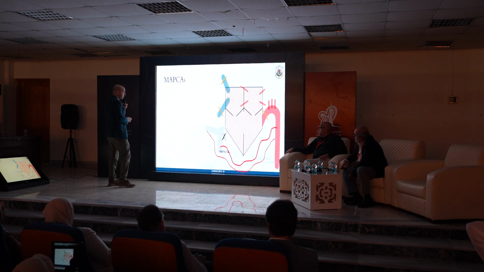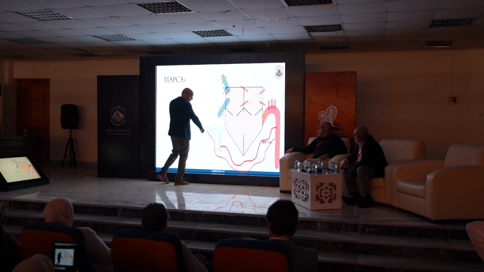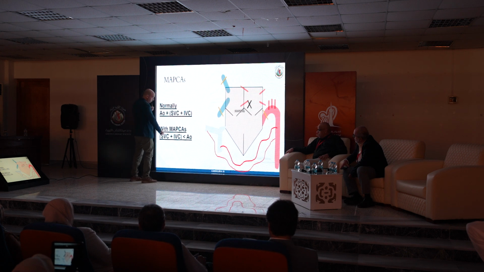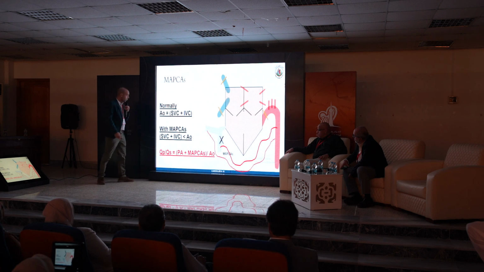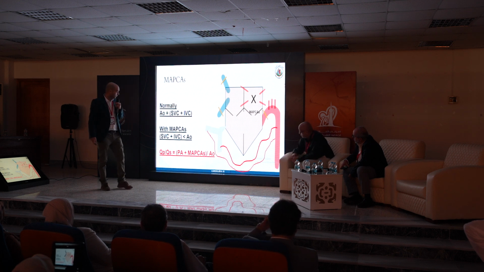In this case, some of this blood will go directly to the pulmonary. So superior vena cava plus inferior vena cava will be less than the aorta. QpQs will be pulmonary artery flow plus collateral volume by the aorta.